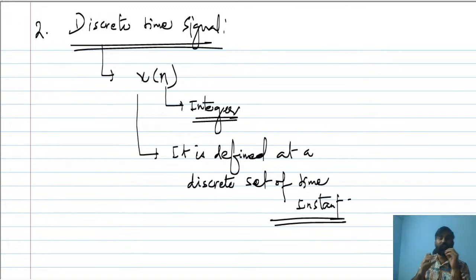If someone asks you the meaning of discrete time signal, you say, sir, it is defined at discrete time instants. Time instants will not be continuous, they will be discrete time instants.